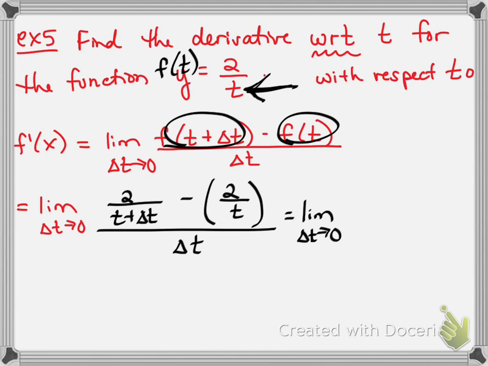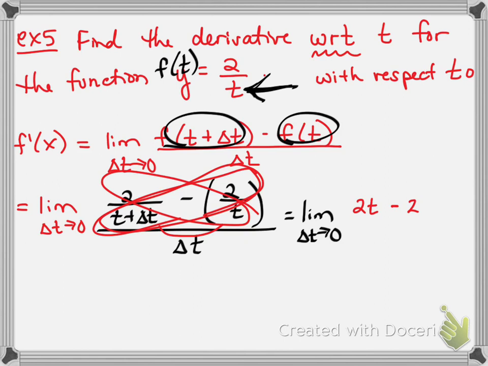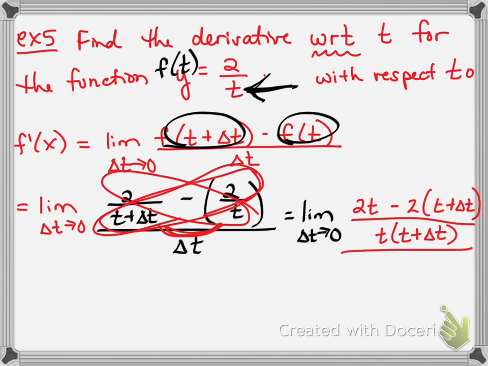We're going to do a butterfly to get common denominators of this subtracting fractions. So it's 2 times t for the first wing minus 2 times t plus delta t for the second wing. And then the bottom of the butterfly, these denominators get multiplied together. And don't forget it was all over delta t.